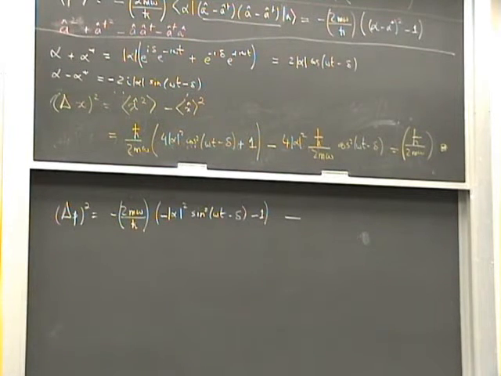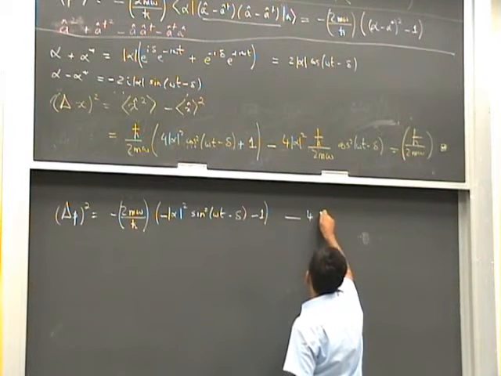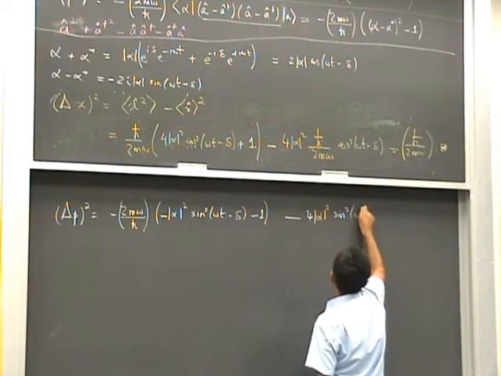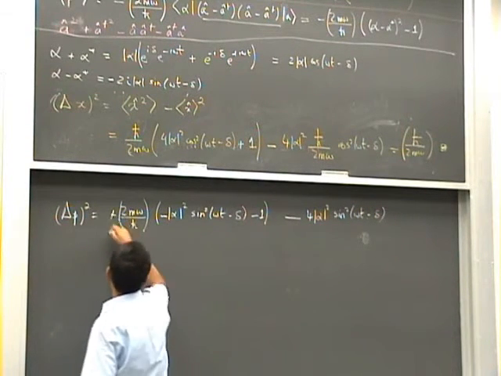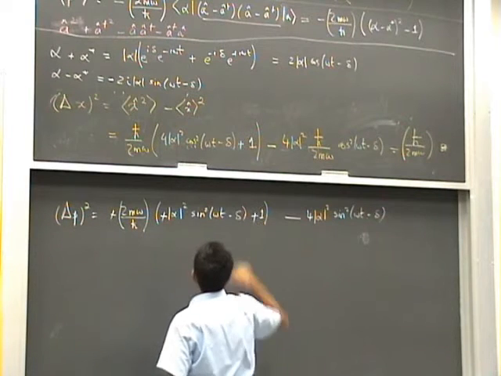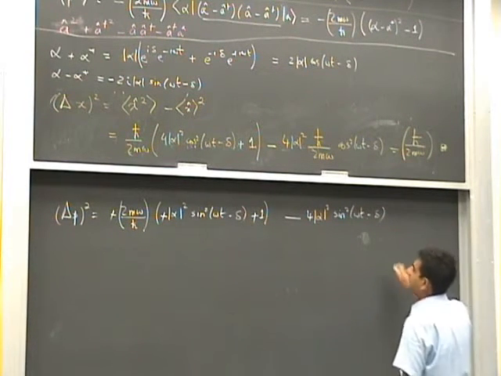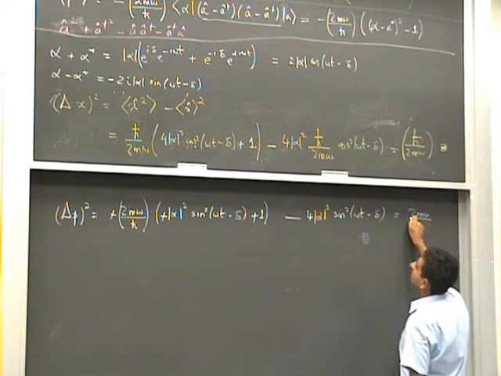The square of this is 4 alpha mod square sine square of omega t minus delta. Now this becomes a 1 here, and I'm left with 2m omega over h bar.